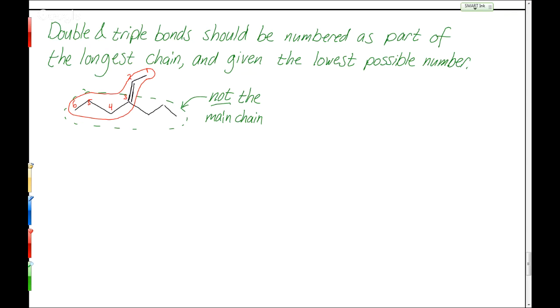And so this molecule would be named as a 2-hexene because it's got 6 carbons and the double bond starts on carbon number 2. And then the substituent is that other thing hanging off, which has 3 carbons. So that's 3-propyl 2-hexene.